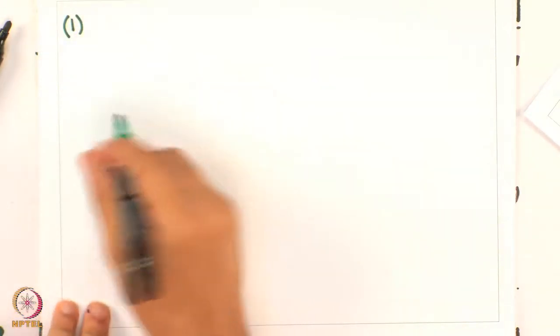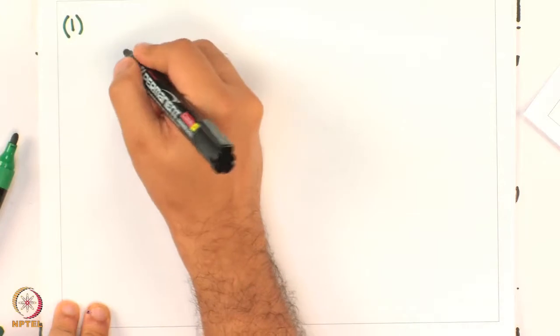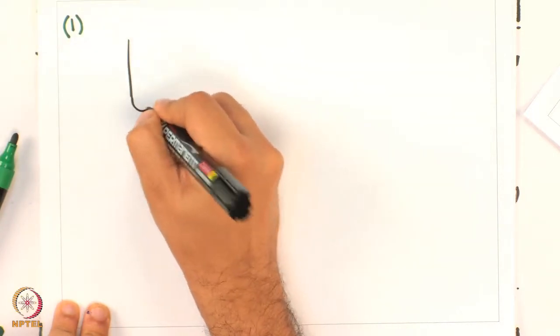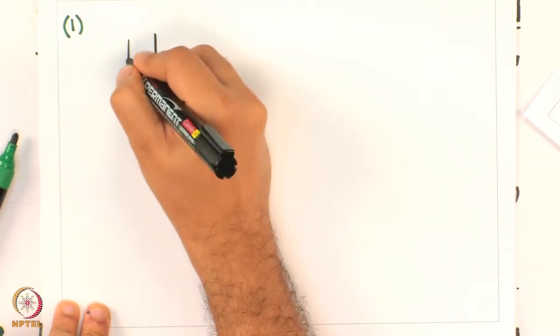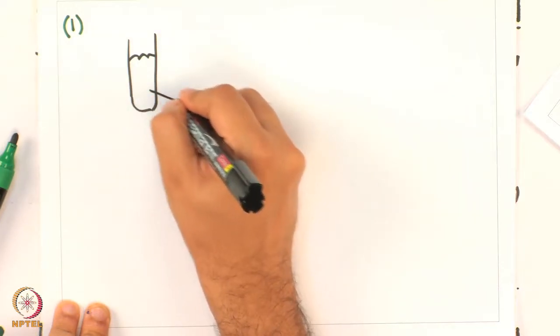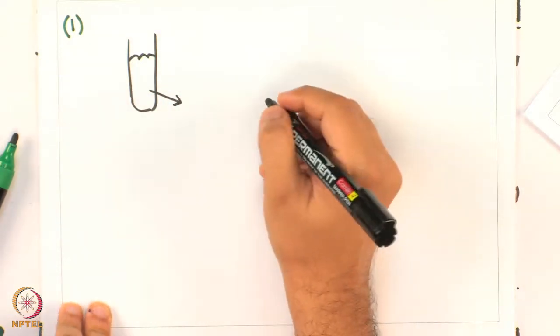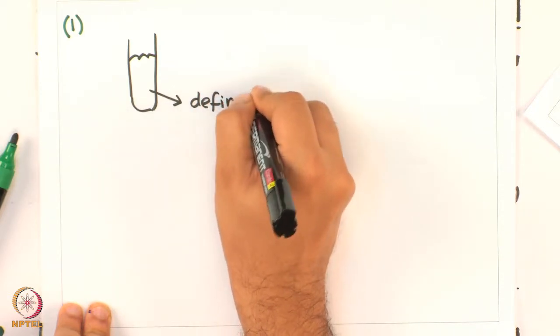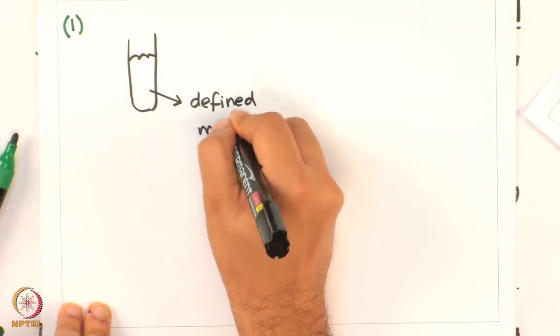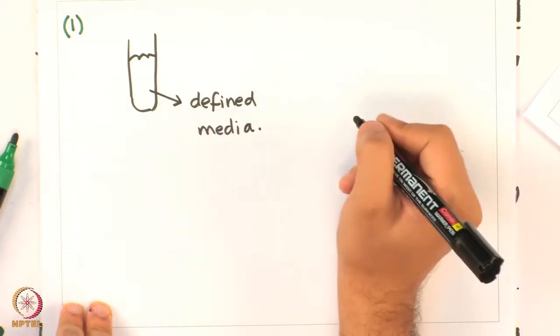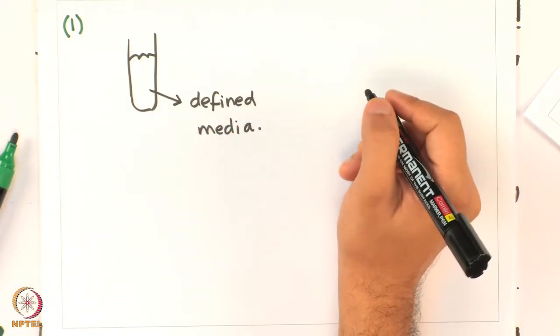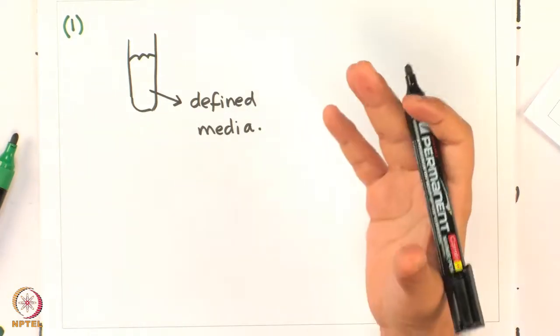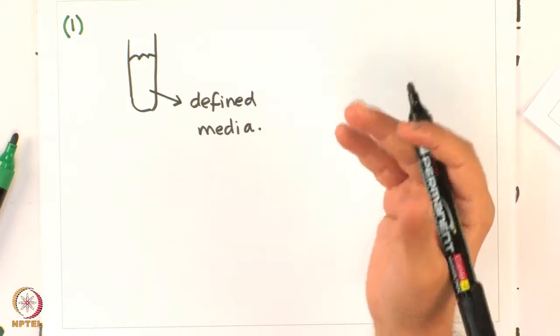in the first one, what you do is you take a test tube and you give it a media which is completely defined. By defined media, what you are doing is you are making the environment associated with the experiment constant.